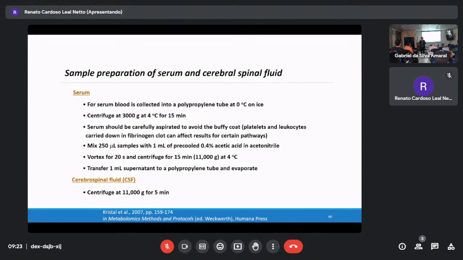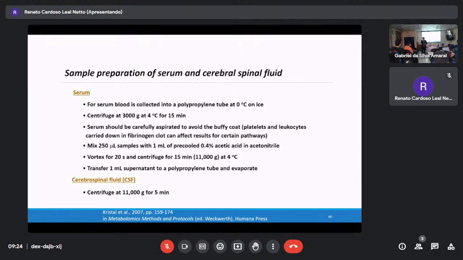What kind of method is best for this? Many people are using CE, capillary electrophoresis. Usually natural products do not have a charge, but adenine and guanine are charged materials, so capillary electrophoresis with mass spectrometry is used by many people specifically for cerebral spinal fluid. But of course, you can use LCMS.